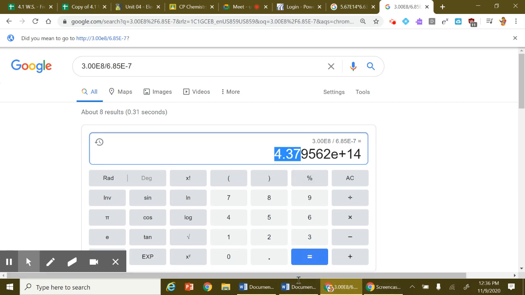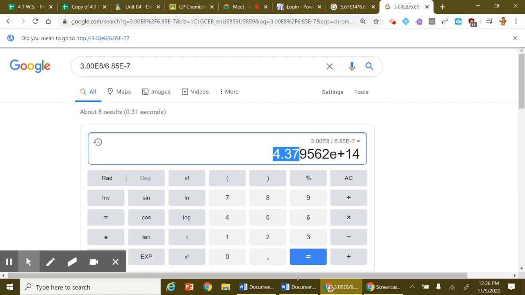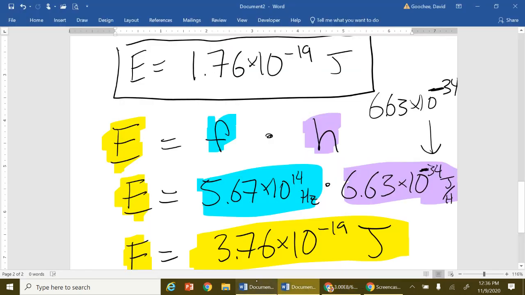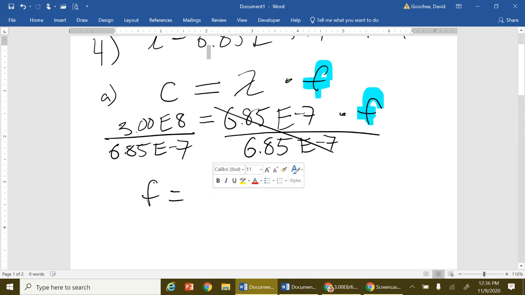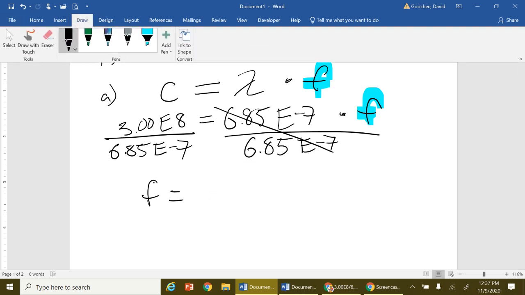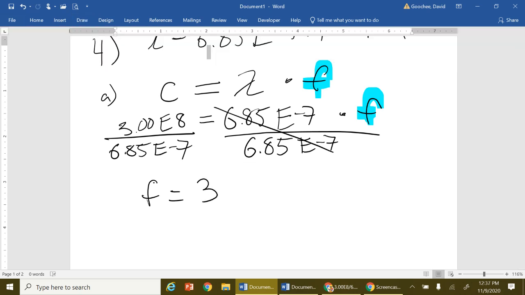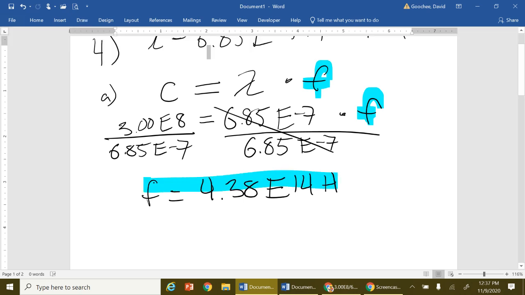Oh, that's 4.38 because we round up. 4.38 times 10 to the 14th hertz. Okay, so now we have got the frequency.